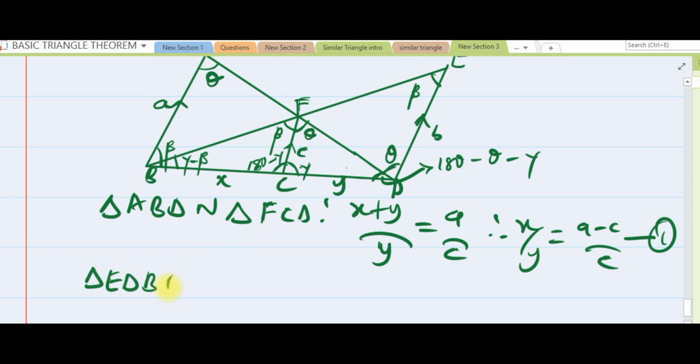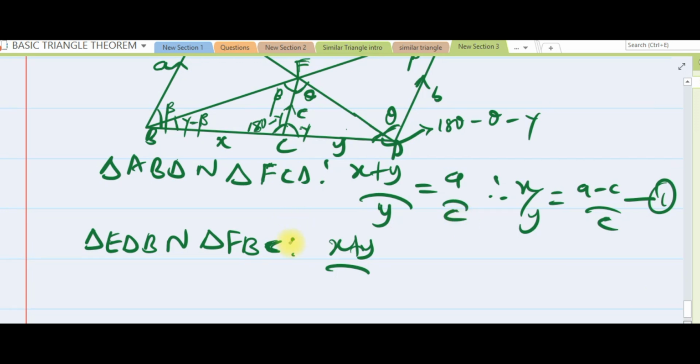For equation 2, you notice that triangle EGB is similar to triangle FBC, by the angle similarity postulate. So x plus y over, remember this beta is opposite x plus y, so my beta here is opposite x, so over x must be equal to, what are the sides here?